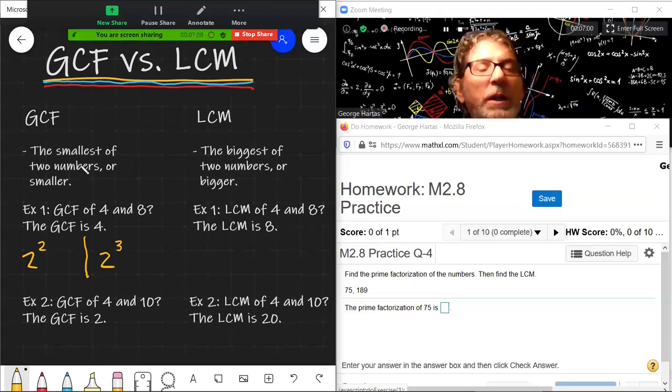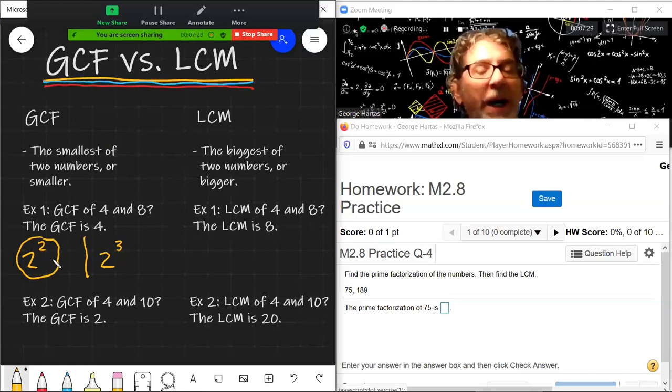So using the concept of exponents, this still makes sense. For the GCF, we're thinking smaller. So we want to pick the smaller of the two. This wins out because it's the smaller power. 2 is smaller than 3, so we choose this to be the GCF.